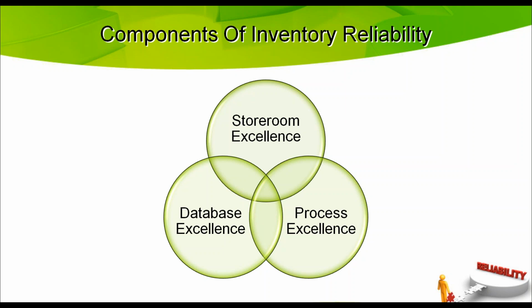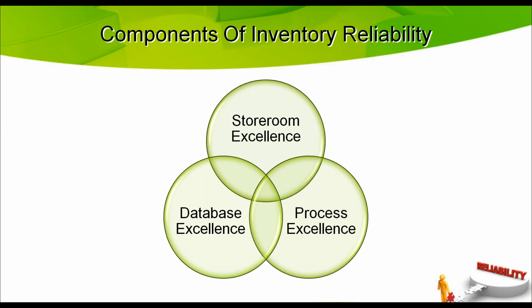So how then do we achieve inventory reliability? In my experience, there are three elements of inventory reliability. One would be storeroom excellence. An example is that everything has a place, everything is in its place, and you've got some good housekeeping going on in that area. Things are easy to find for technicians to get in and get out.